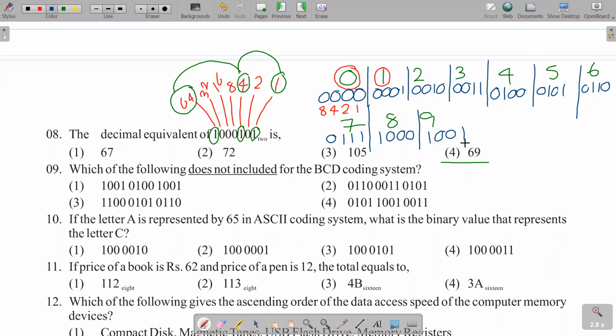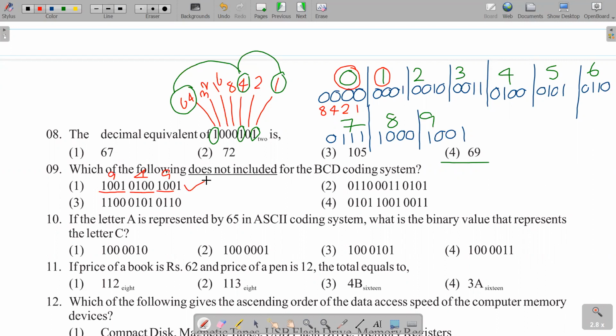So what you are going to do is, in these answers, look at what does not belong to the BCD. Like 1, 0, 0, 1 gives you 9, 0, 1, 0 gives you 4. And sorry for that noise. So this represents 9, this represents 4, and this represents 9 again.